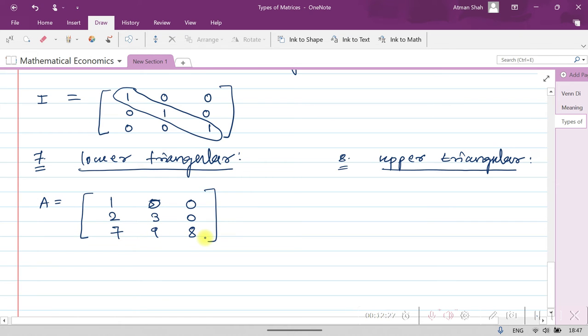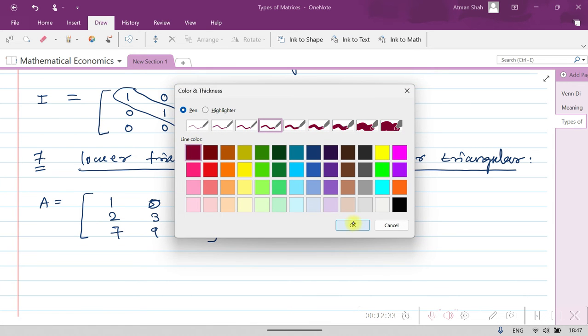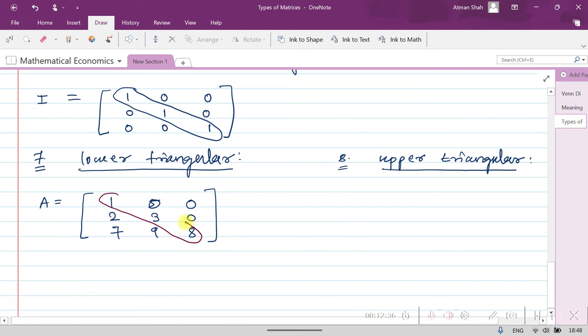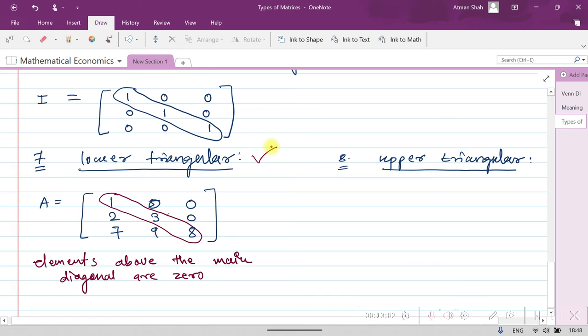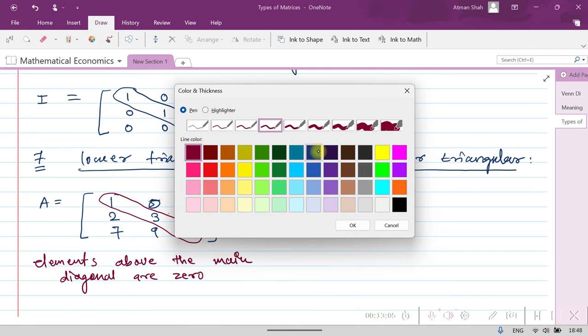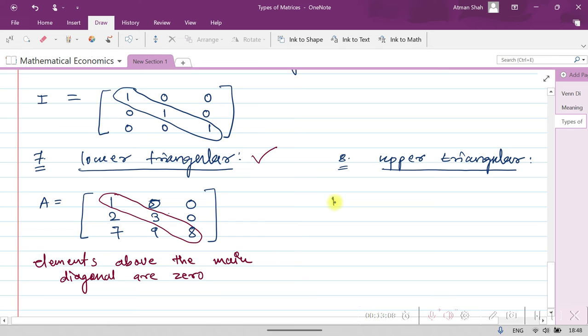Now here you see, this is our main diagonal. Elements above the main diagonal are 0, which is known as lower triangular matrix. Now what is upper triangular matrix? Let's see this example.